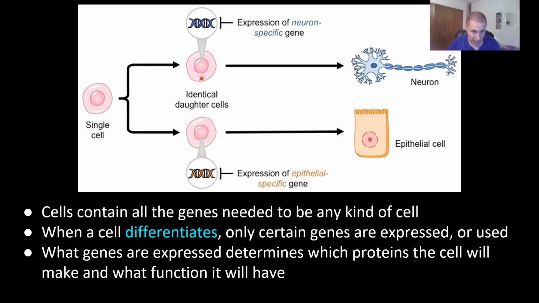And remember, the DNA has genes, and there's lots of different genes. They tell you how to make proteins, how to make a new cell. So this one cell could become something like a neuron, and this one cell could be something like an epithelial cell, a skin cell. Very different cells, but originally they were the same, and they all had the same DNA. Right? So in differentiation, just think different. We're becoming specialized.